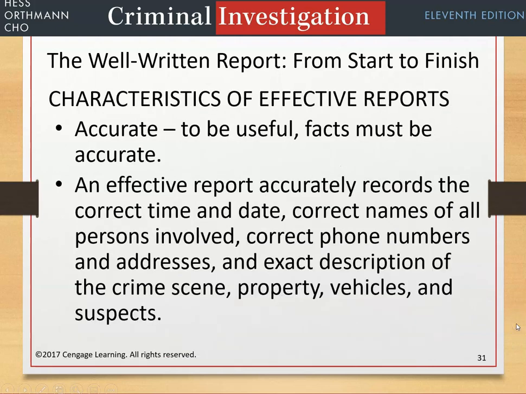So that's being factual. Next, let's talk about accurate. Remember, we're talking about the content of a report: factual, accurate, objective, complete. So what about accurate? Well, to be useful, facts need to be accurate.